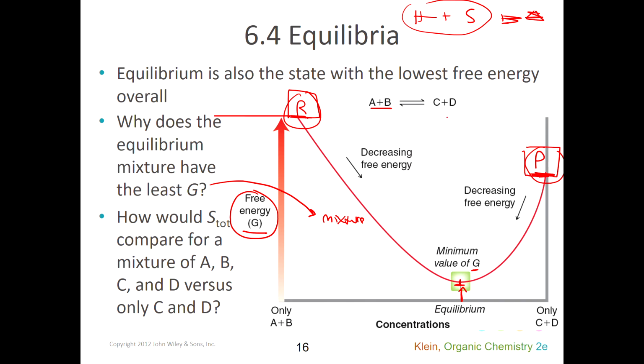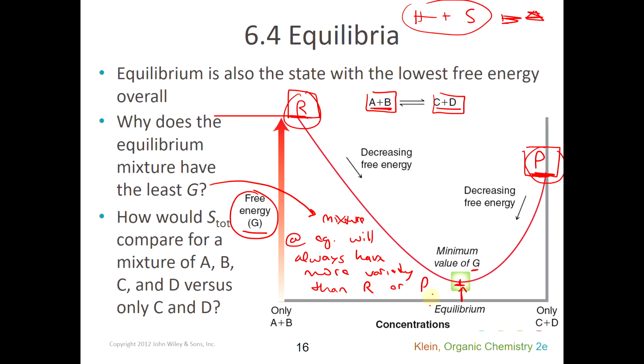I've got pure products or pure reactants. But if I have an equilibrium, I've got some of the reactants present and some of the products. I have more particles and a greater variety of particles. So the mixture at equilibrium will always have more variety than either pure reactants or pure products.